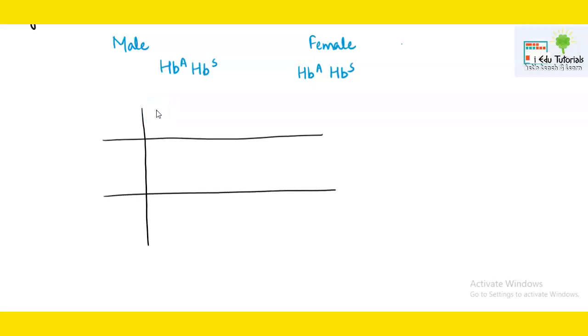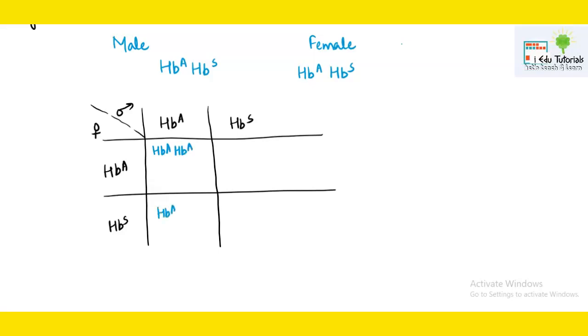We will be writing male gametes here and female gametes here. As a rule, we always write male gametes on the x-axis and female gametes on the y-axis. If you fill it, it will give you HbA, HbA.